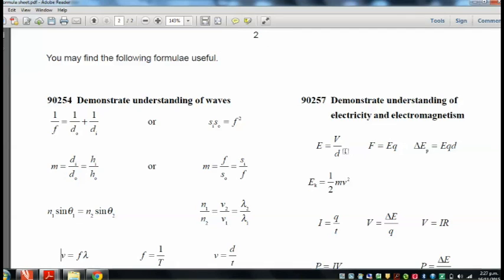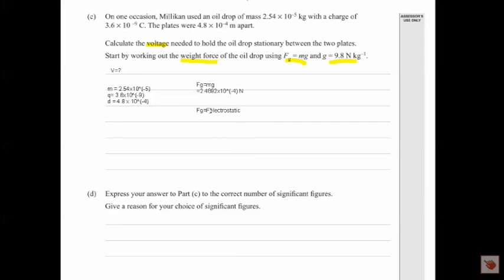So I do recognize this formula right here is looking pretty good, and that's where we can carry on.